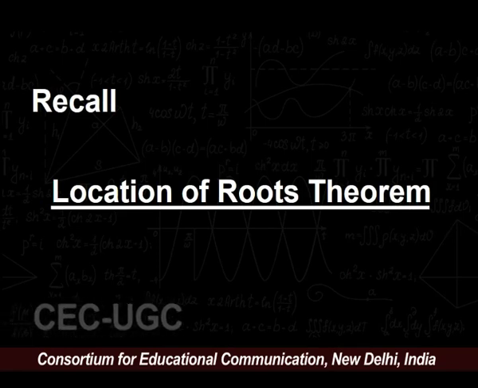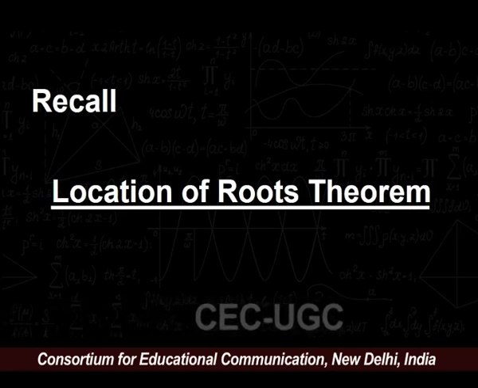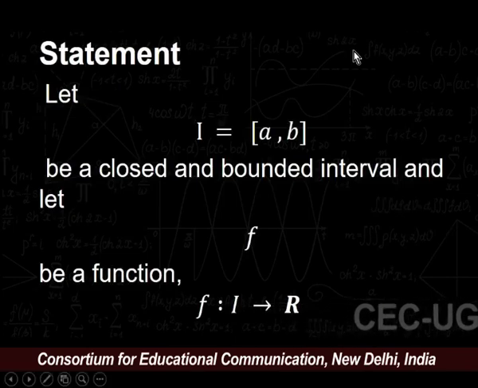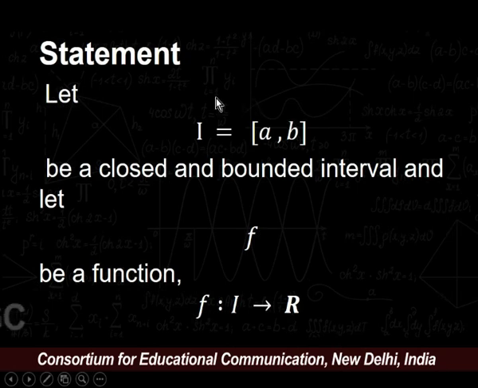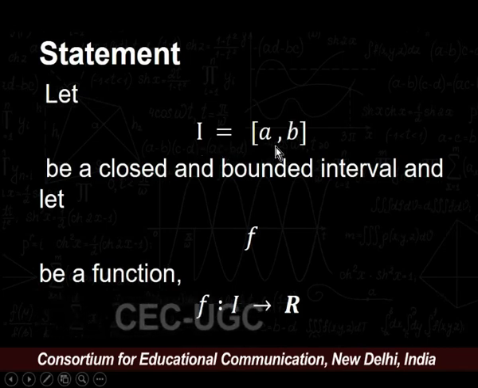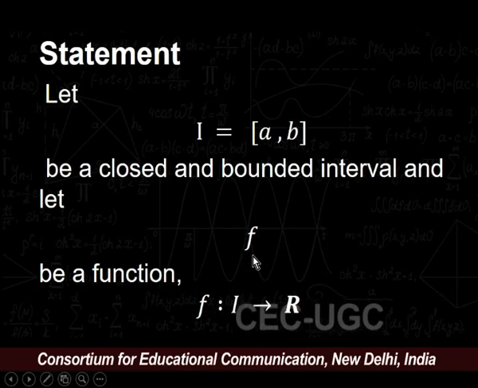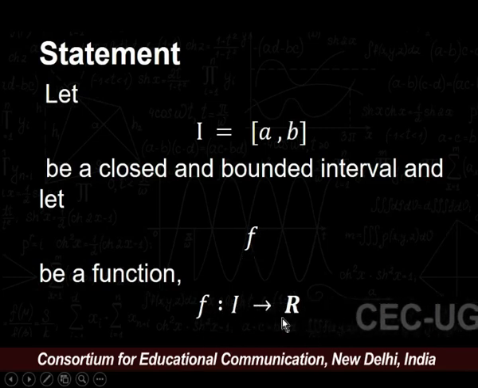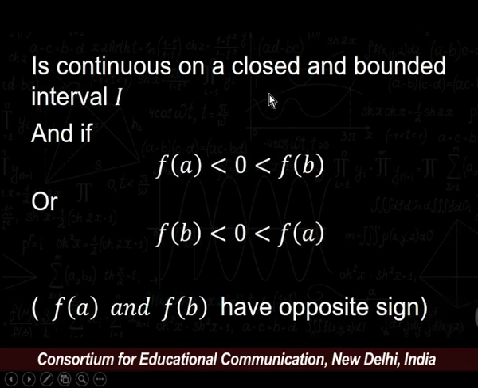Now, recall the statement of location of roots theorem. The statement for location of roots theorem is, if we have a closed and bounded interval I of the form I is equal to a comma b and a function f which is defined from I to R, which is continuous on the closed and bounded interval I, and we have f of a is strictly less than 0 and 0 is strictly less than f of b, or f of b is strictly less than 0 or 0 is strictly less than f of a.